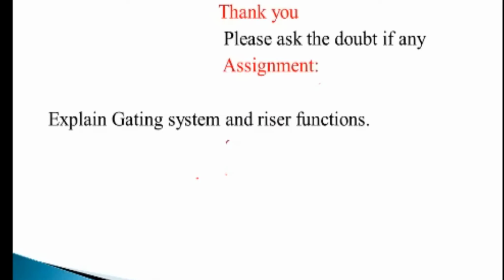With this gating system, metal will flow properly, and velocity will be optimized, neither high nor low. If the velocity of the metal flowing through the gating system is very high, erosion of the soil will take place. Soil edges will fall down in the cavity, and this will create a lot of problems as soil gets mixed with your casting.